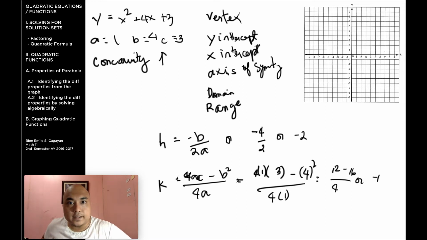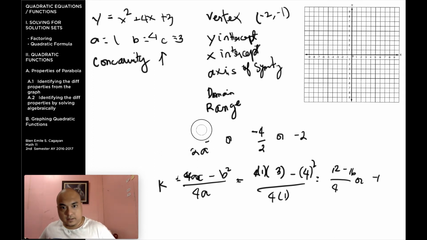So our vertex is negative 2 and negative 1. So we just have to compute for the x and the y intercepts.